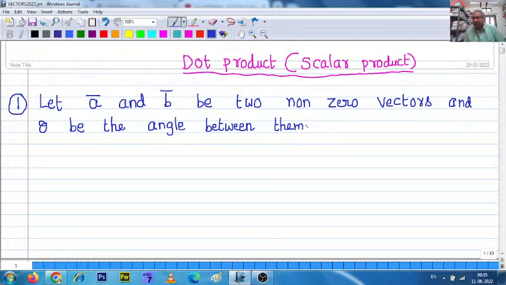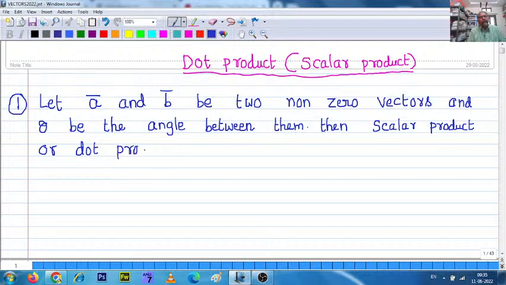Then the scalar product or dot product. Scalar product or dot product.